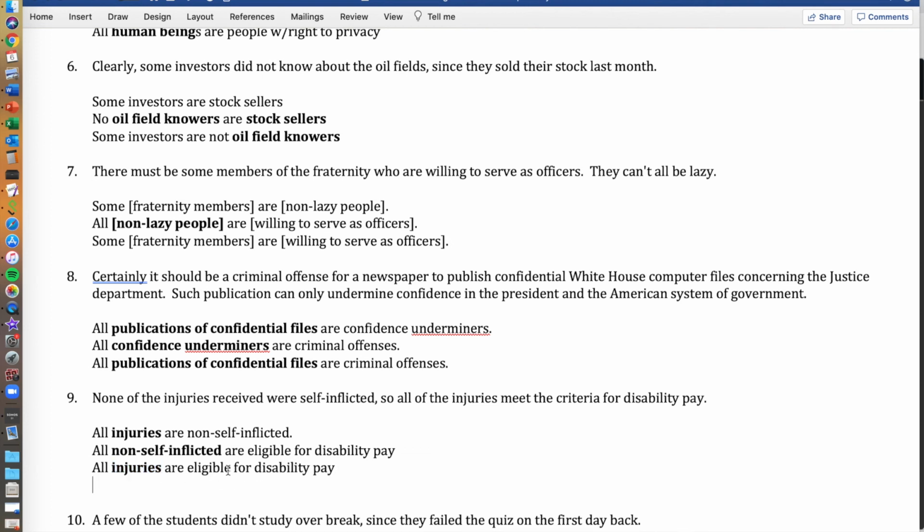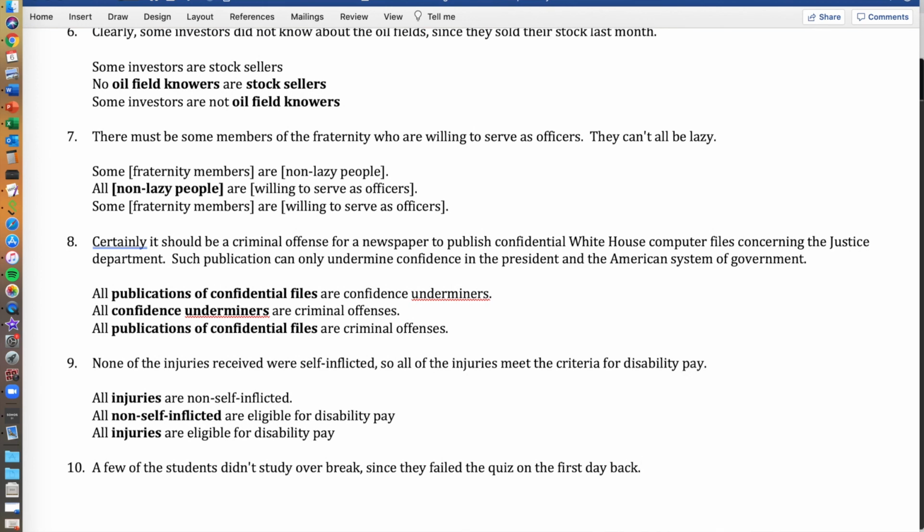And then the other end term, injuries eligible for disability pay, is not distributed in the conclusion. And of course, we've already put it in the missing premise because it's the missing term, and it's not distributed there either. So we have a valid syllogism with the missing premise: all non-self-inflicted injuries are injuries eligible for disability pay.